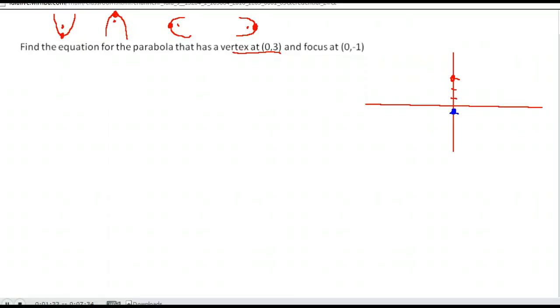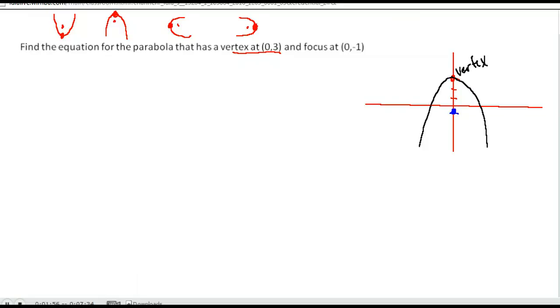Now, the parabola will always open toward that focus point. So while I know not much about my parabola, I do know that it's going to start at this vertex and open toward that focus point. For now, that's pretty much all I know about it. It has the vertex here, has a focus point, and it opens toward that focus point.